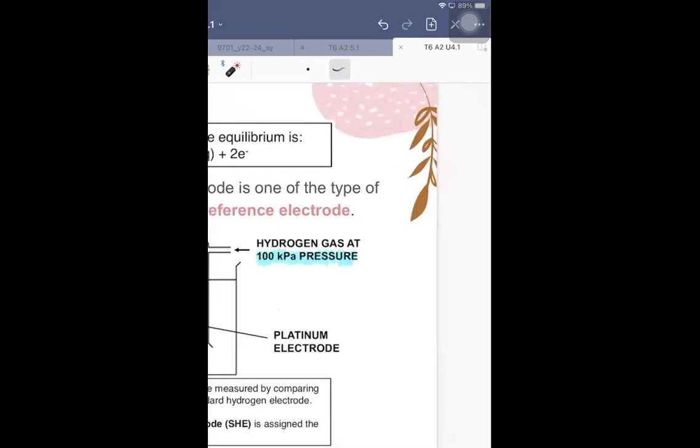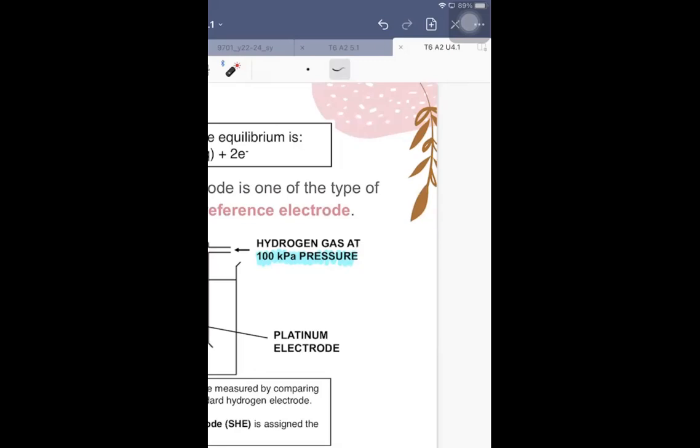Another thing that I forgot to mention is the platinum electrode. Why do we have platinum there when we've already got whatever we need? Hydrogen, check. Hydrogen ions, check. The function of the platinum electrode is to ensure that the hydrogen gas and the hydrogen ions have contact with each other.